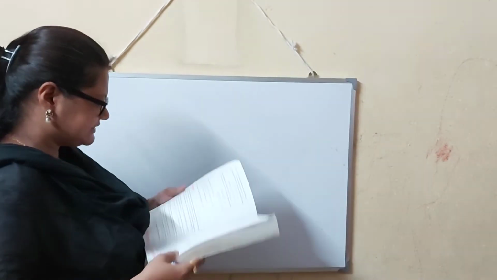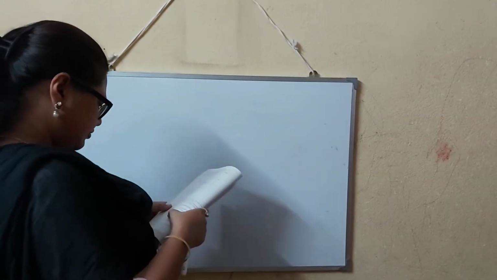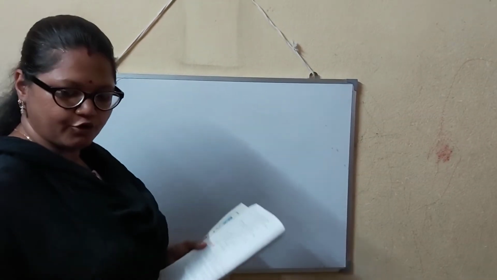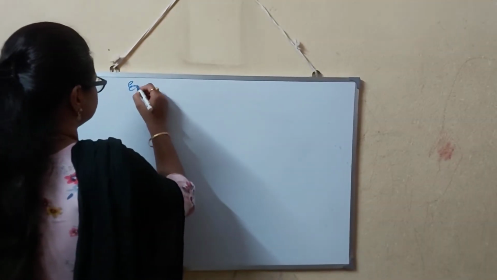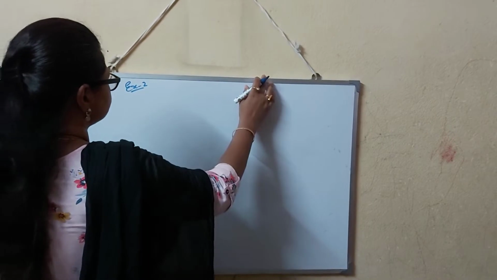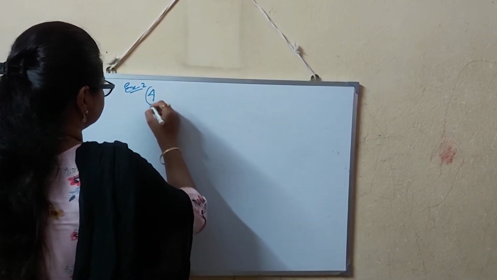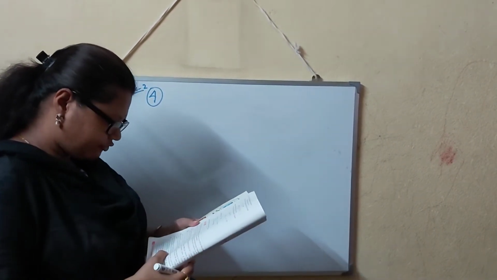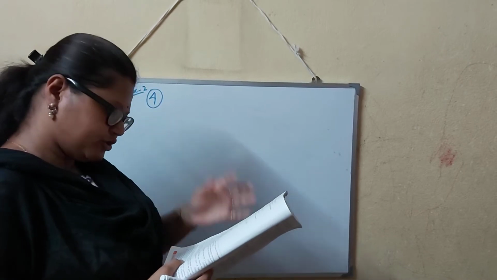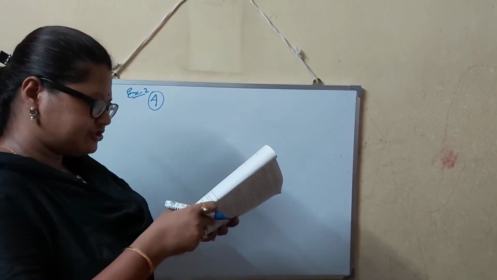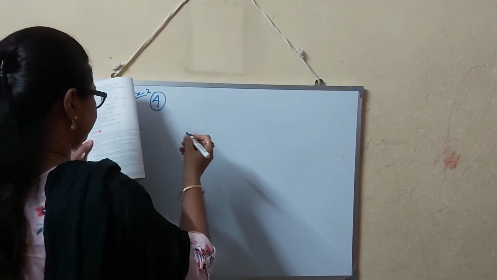We're going to do exercise 2 and I'm going to begin with sum number 4. What is given in sum number 4? Sonia had a recurring deposit account in a bank and deposited rupees 600 per month.